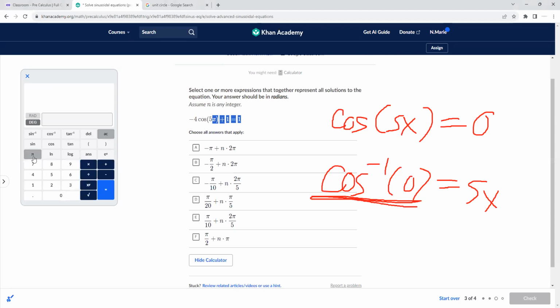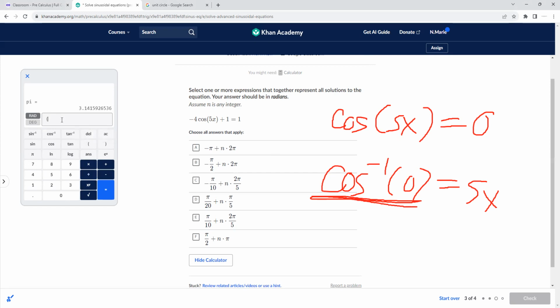Okay, so if I divided pi, oh, it should be in radians again. Maybe that's why I was getting such a weird decimal. Maybe not. Okay, so pi over 2. Let me clear this. Pi over 2. How do I make a fraction? This is not the greatest calculator.